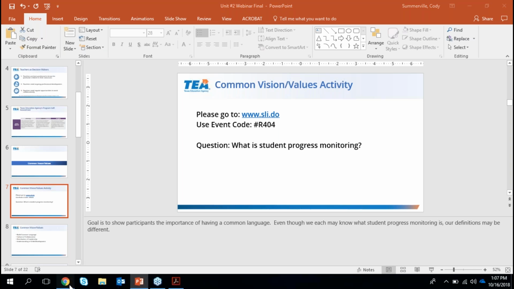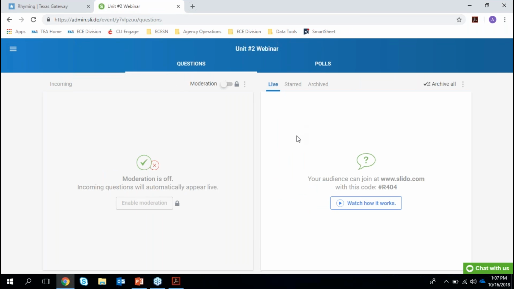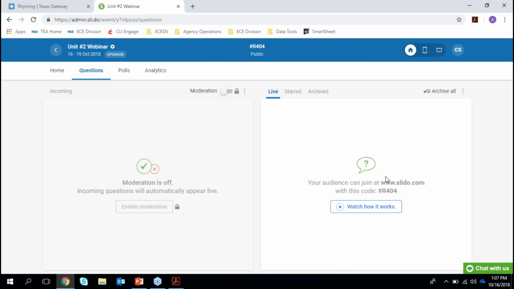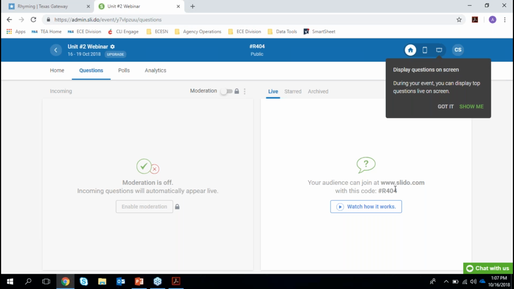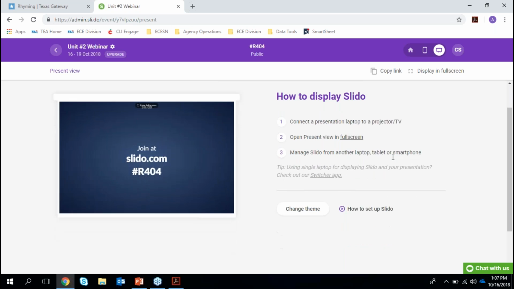So I'm going to pull up my Slido here. So you'll use the code. Let's see.